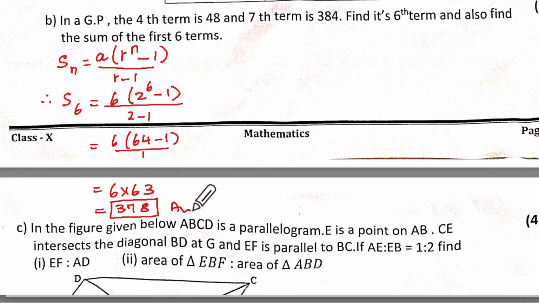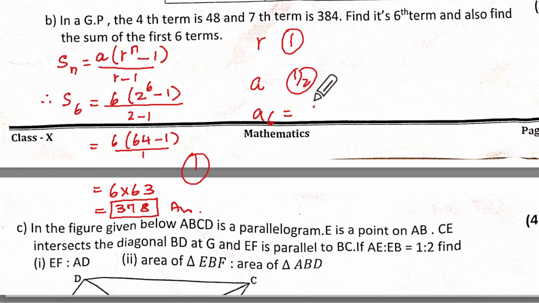So this was pretty simple. Your SN formula would be 1 mark here, to get your value of R and A. A6 would be 1 mark. Getting this would be half mark, this would be half mark.